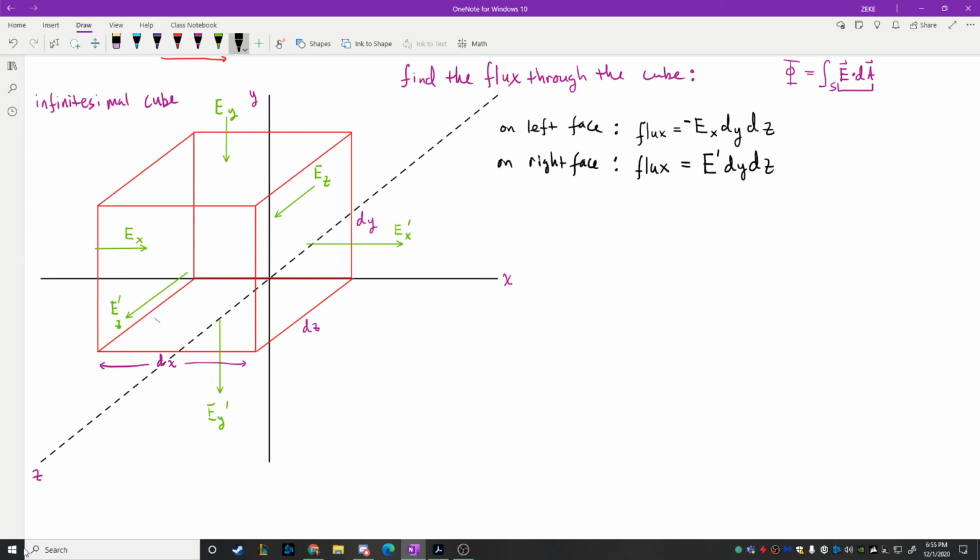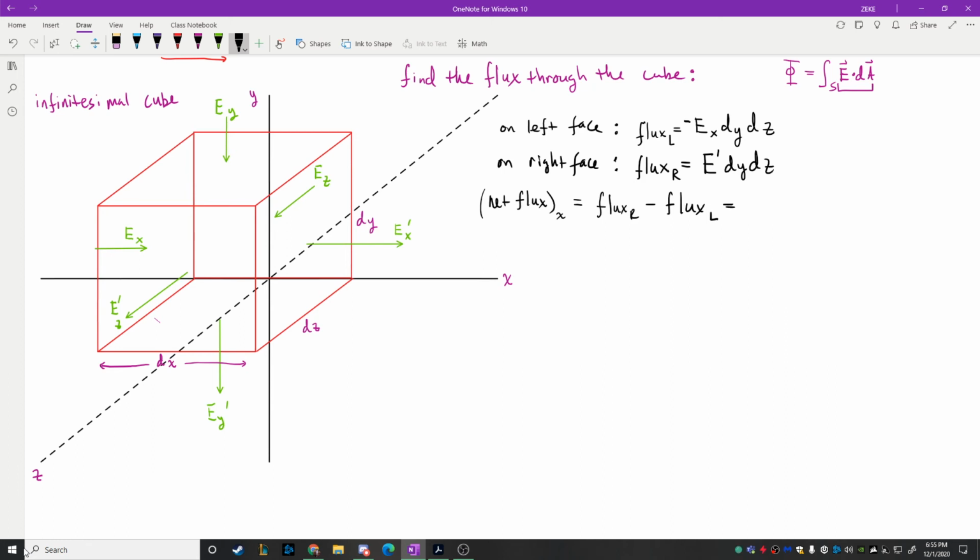If we call this flux left and flux right, then the net flux just along the x direction is going to be basically flux right minus flux left.